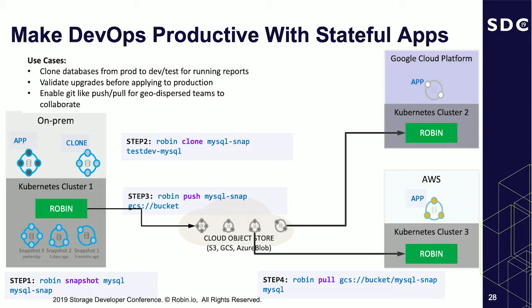If you want to take a snapshot, it's like copying your photo to a drive. Robin push SQL app, and give the bucket name, a GCS bucket name or AWS bucket name. It's going to take the entire snapshot to the cloud store where you can use it. You can spin up another cluster on the cloud, use this as a source, and then spin up the application. It lights up instantaneously.